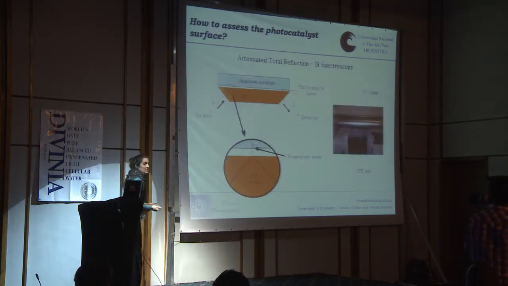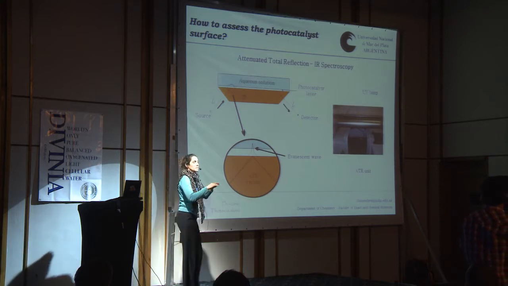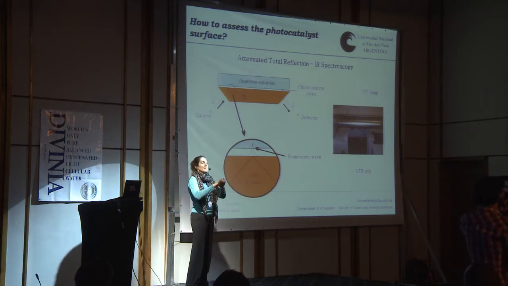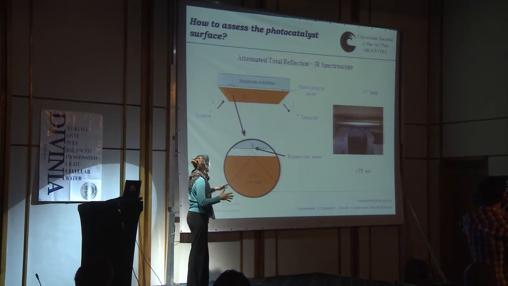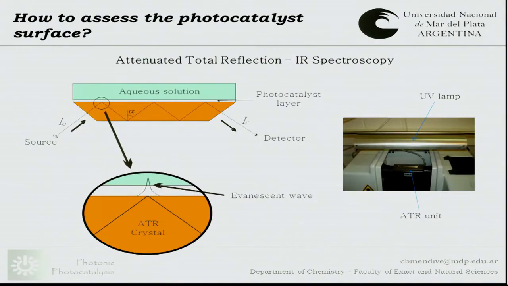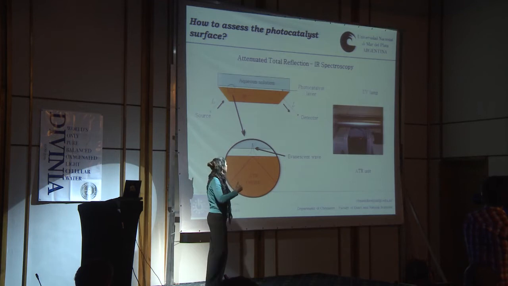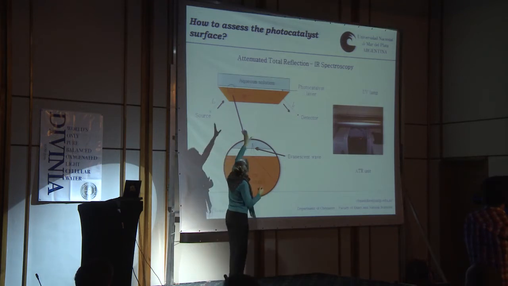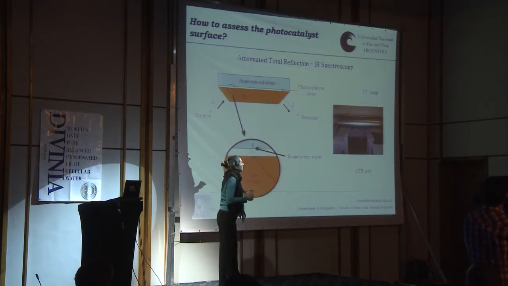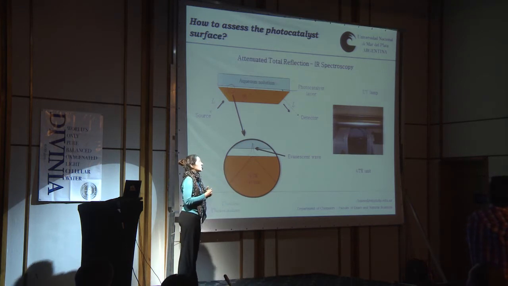So how to study these systems? As long as all these reactions happen at the surface of the particles, we use this technique, which is, as far as we know, the only one that we can use to study the surface of a photocatalyst in contact with the water solution. This is the attenuated total reflection device in the IR spectroscopy.